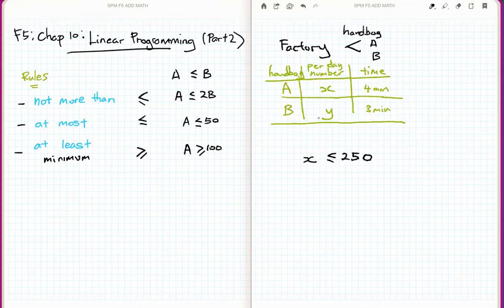So B is Y. The number of bags B is more than twice the number of A by at most 60, so plus 60, I would say.